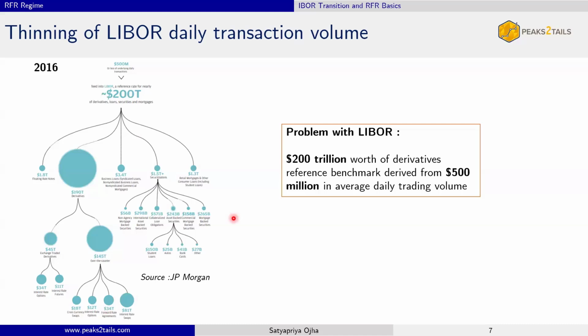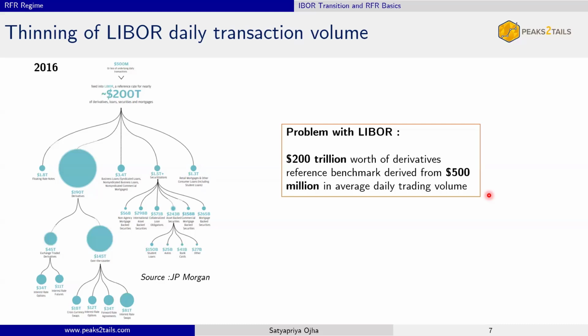But the actual transaction settlements that were happening based on LIBOR were only $500 million. Okay, so you cannot rely on a rate that has such a very thin market. It's only $500 million average daily trading volume. So that was a major concern. So because of this, banks, remember that waterfall approach?